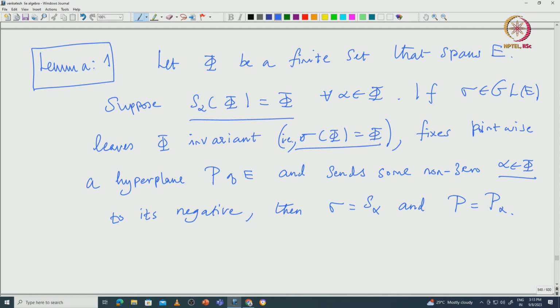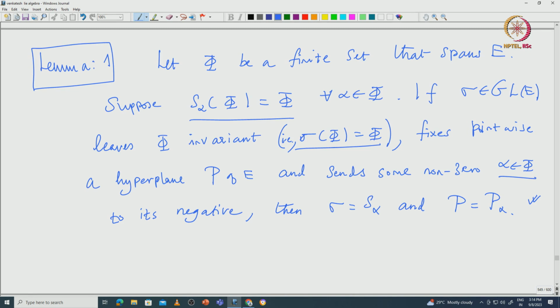So, suppose you assume that S alpha phi is phi for all alpha in phi, and there is a sigma in GL of E that leaves phi invariant, that fixes pointwise a hyperplane P of E and sends some non-zero alpha in phi to its negative. Then we can conclude that sigma must be equal to S alpha, and in particular P equals P alpha. Okay. So, we will see some consequence of this result later.